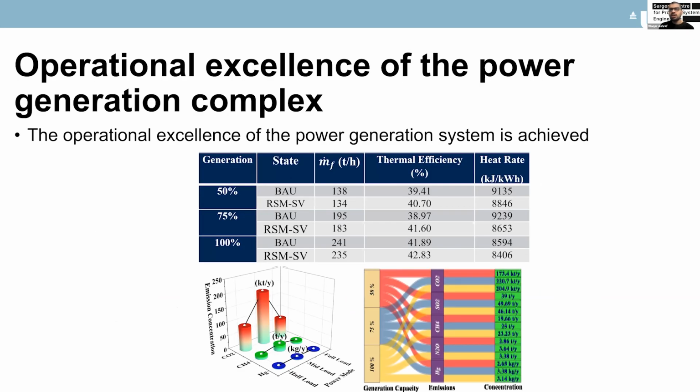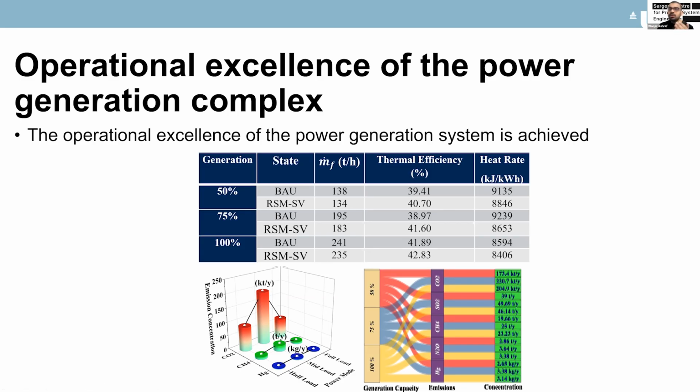And based on the performance, the experimental verification of my model, when the system efficiency is improved, we have computed some operational excellence measures corresponding to the power generation under 50%, 75%, and 100% operation modes. And we find that the thermal efficiency is improved from 39 to 40% under the 50% power generation mode, and the fuel consumption is also improved as a result of the improved operation settings of the parameters.